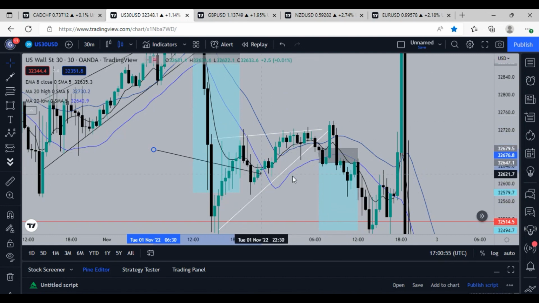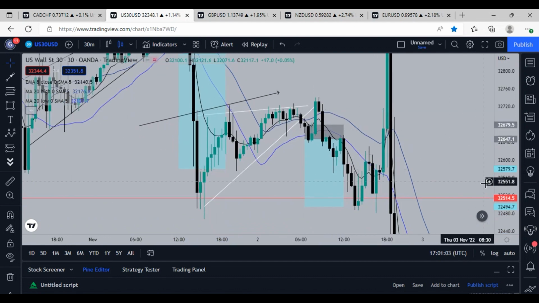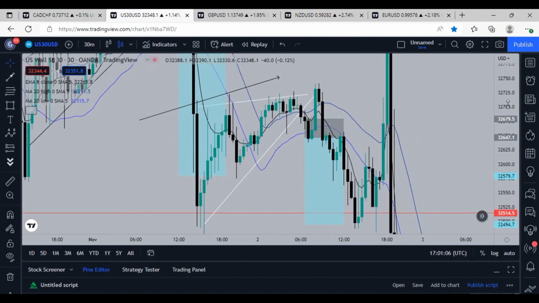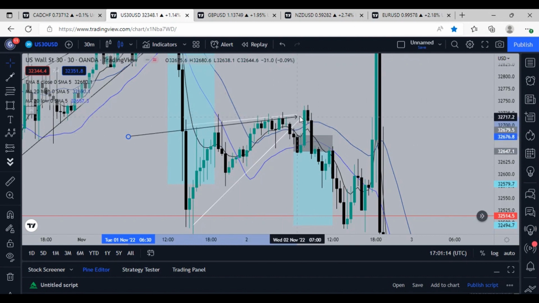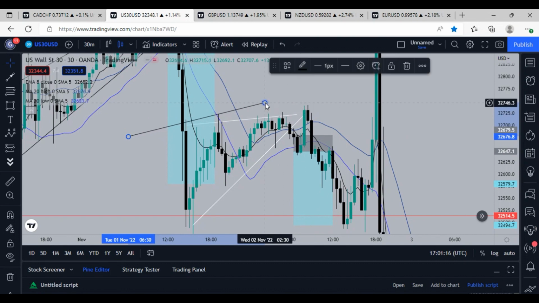Trend line again, price broke out. Then price went back up again, and price has a tendency of doing that sometimes. So you need to be careful in these areas. Price then went back up again to take out stop losses because that's what the market makers will do.